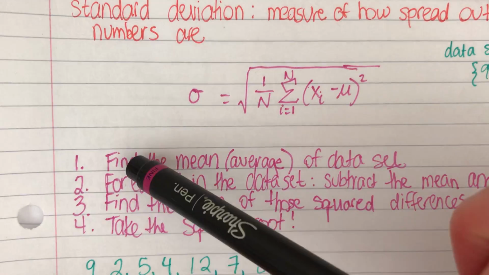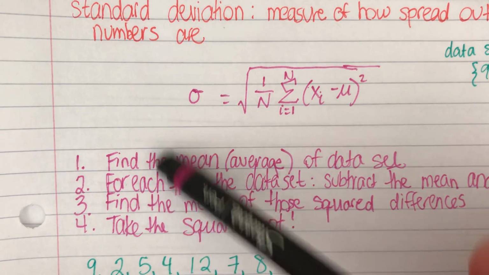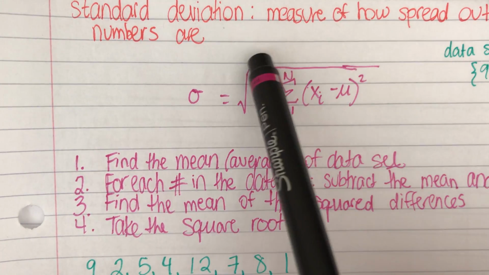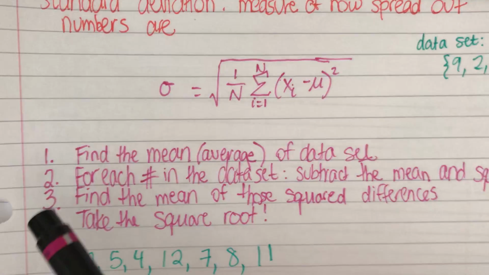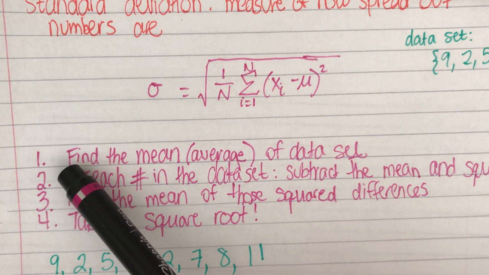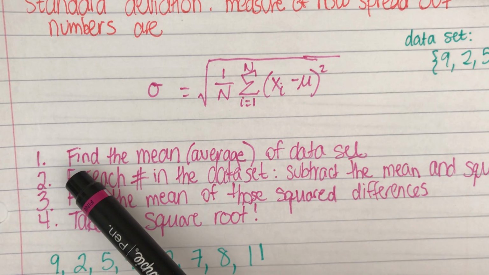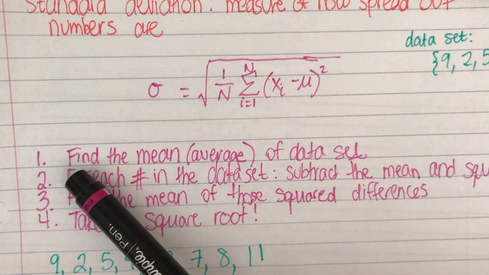I've basically condensed it down into these 4 steps. These 4 steps are doing the same thing as this formula up here. It's obviously just written with words instead of with symbols, okay? So again, take a minute. I will just read through these and then go ahead and take a minute to pause the video and to write these down for yourself.